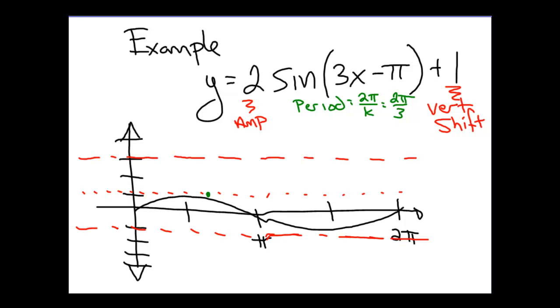This value here is pretty close to 2 pi over 3, so I'm going to have one period of my graph fit in this particular section right here, and 4 pi over 3 is going to roughly be right here. So I'm going to have another period in there. You can see that I'm going to have 3 separate graphs of this trig function all in here. And I'm going to sketch this graph now with just the amplitude, vertical shift, and period changes, and then we'll worry about the phase shift in just a moment.